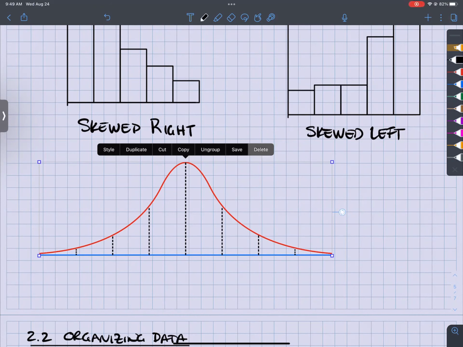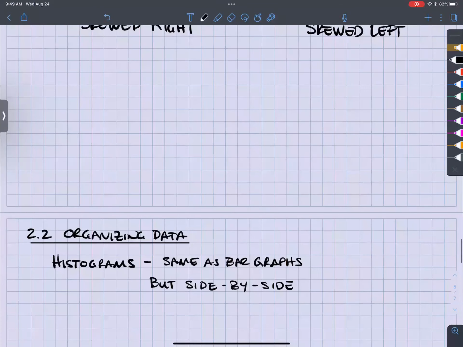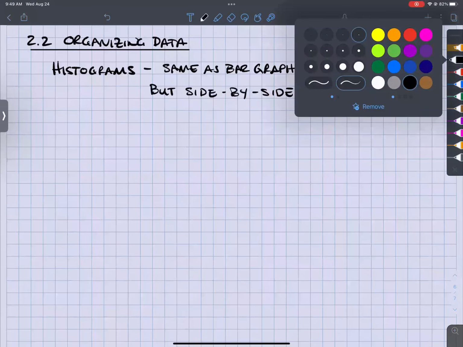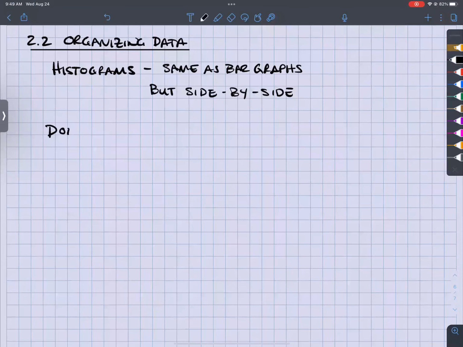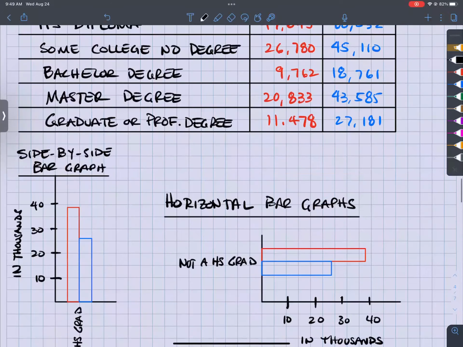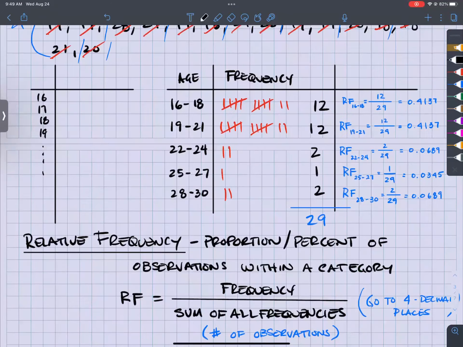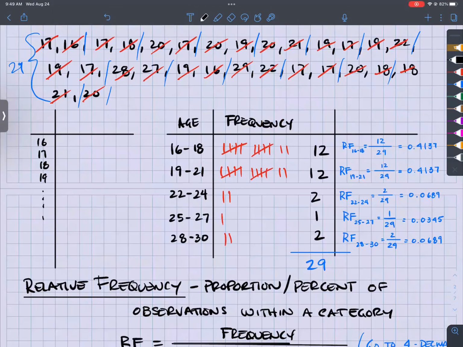Okay. All right. So let me just talk a little bit about dot plots really quick, guys. And dot plots aren't anything that is impressive at all. So remember when we did the frequency chart here? Instead of making a bar, it's going to look like a bar graph, but it's just a bunch of dots.